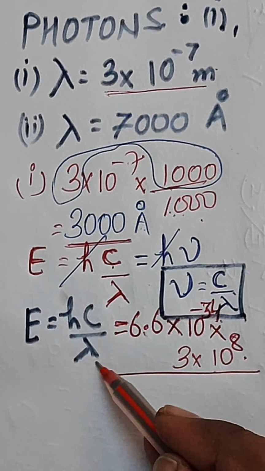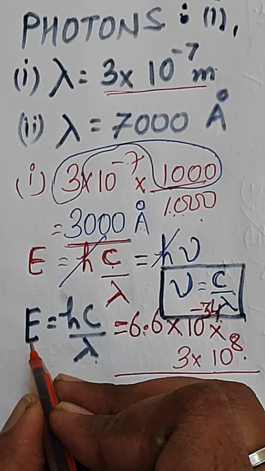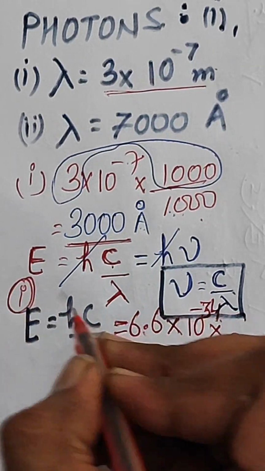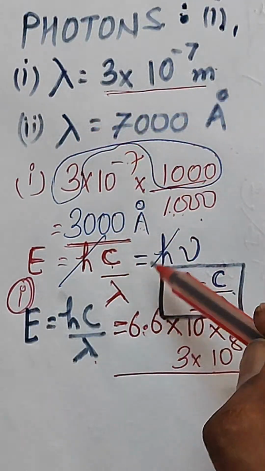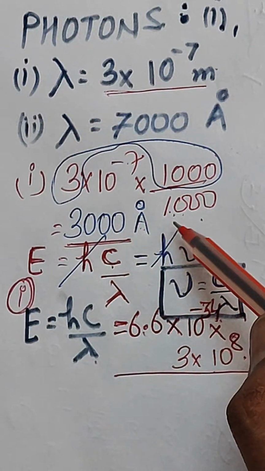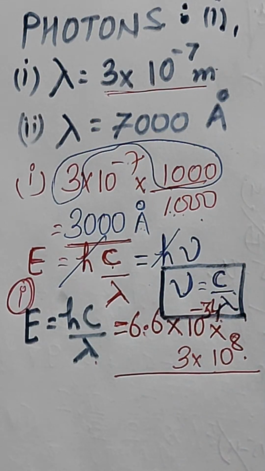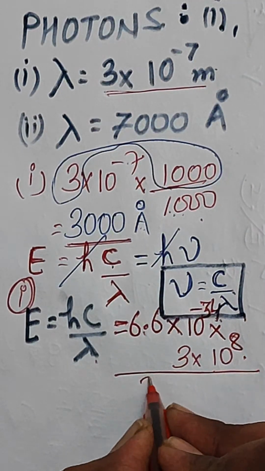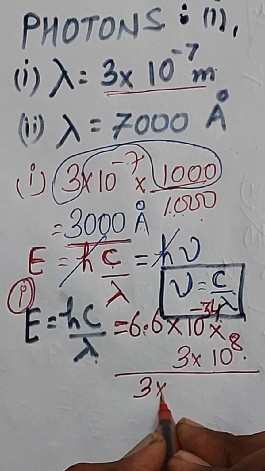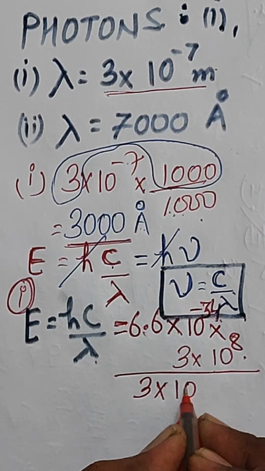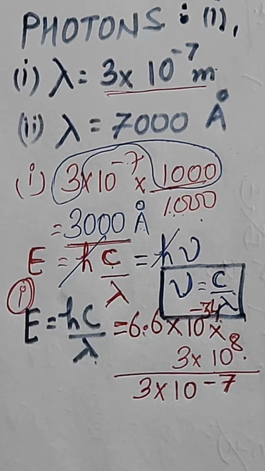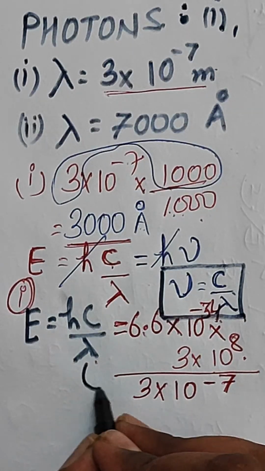hc by lambda. If you consider the first case, lambda is 3000 angstrom, that is 3 × 10^-7 meter. All in meter, so put the value here, 3 × 10^-7 meter. This is your lambda.